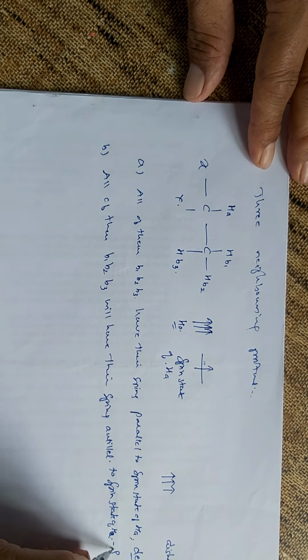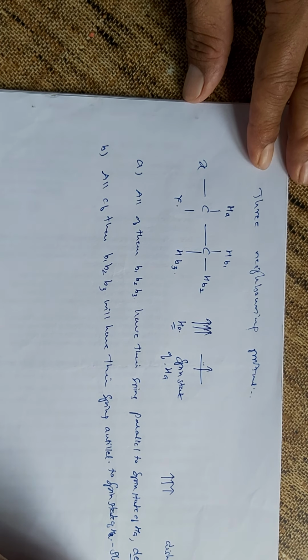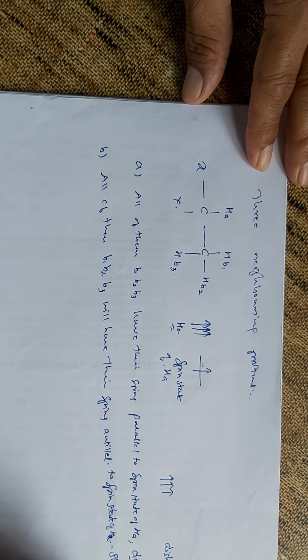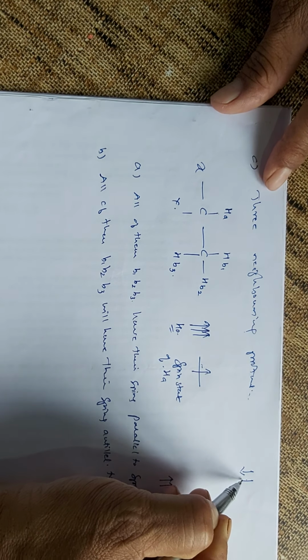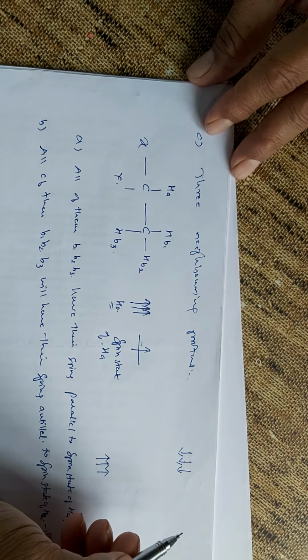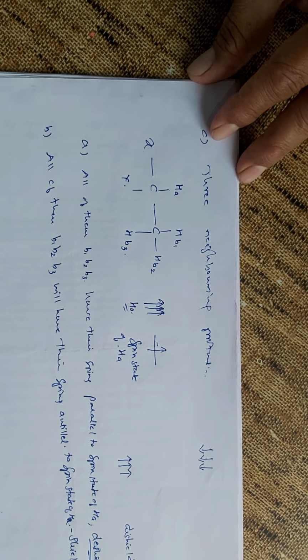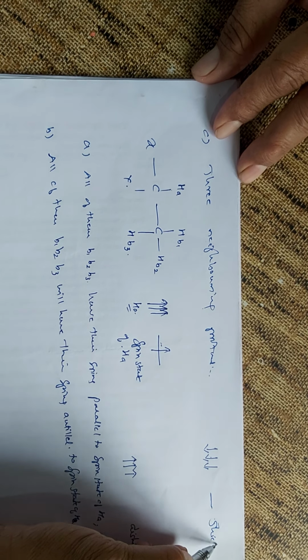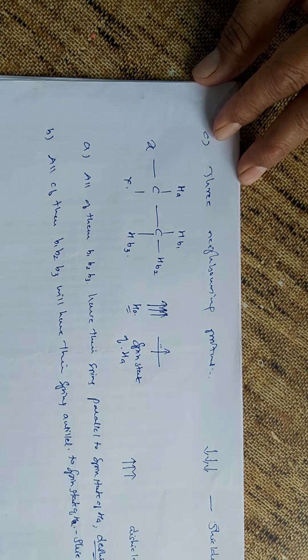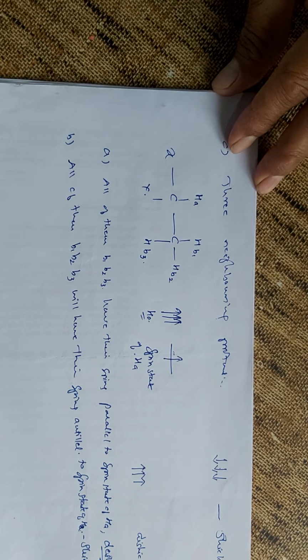And so this will cause shielding of HA. Here all these nuclei are antiparallel, and so this will cause shielding. So this is the second situation.